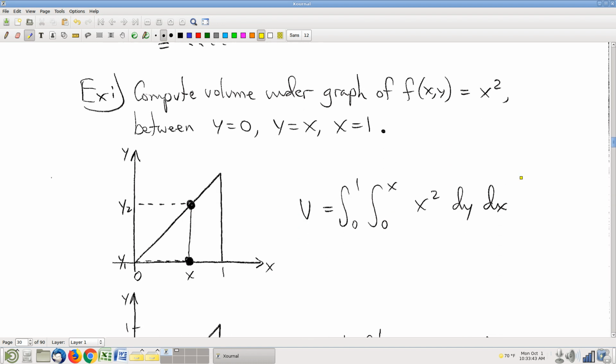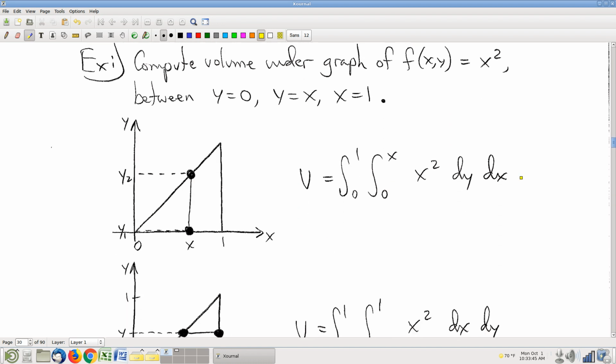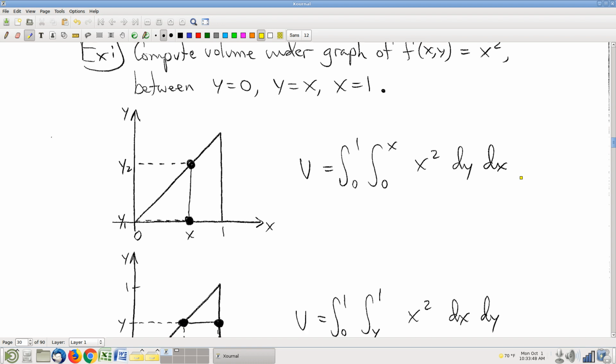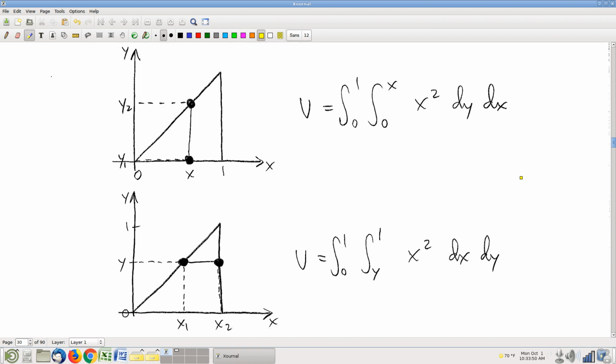Okay. Another couple of phase 2s. Given this domain, how would you write a double integral over this domain as an iterated integral? We talked about the details of this. Note you can slice in either direction. Your choice which way you want to go.